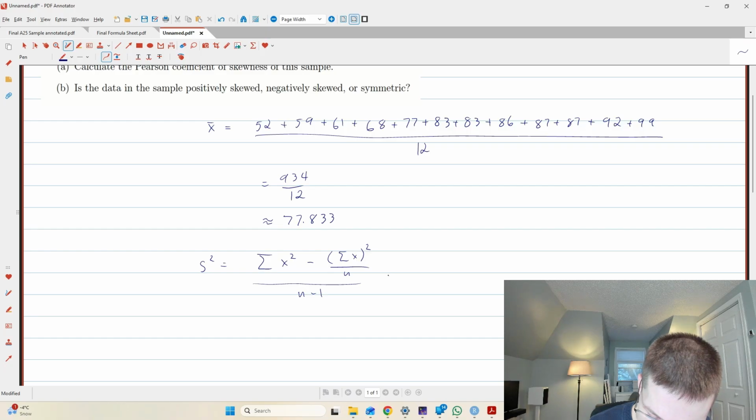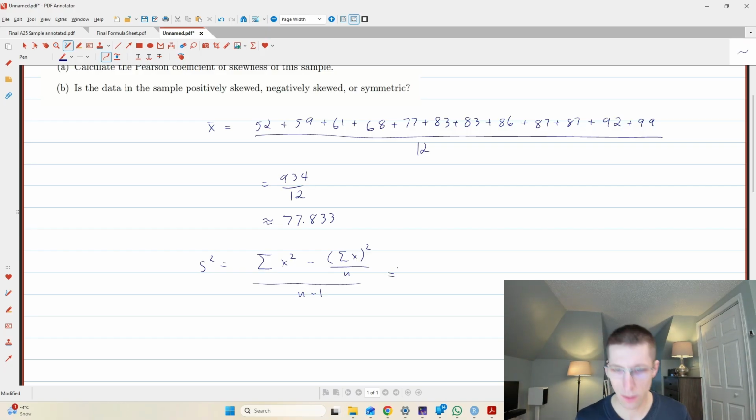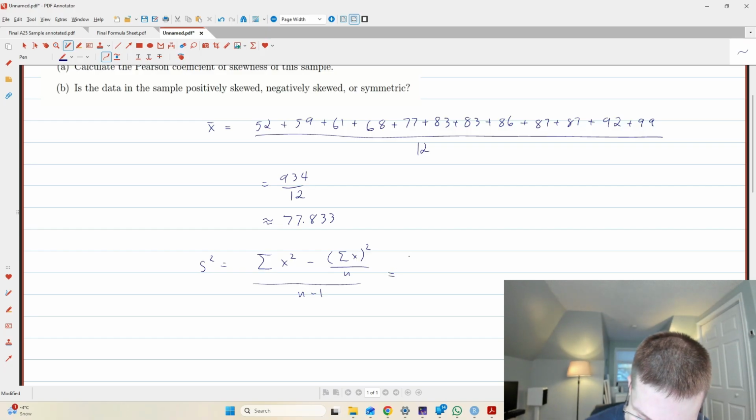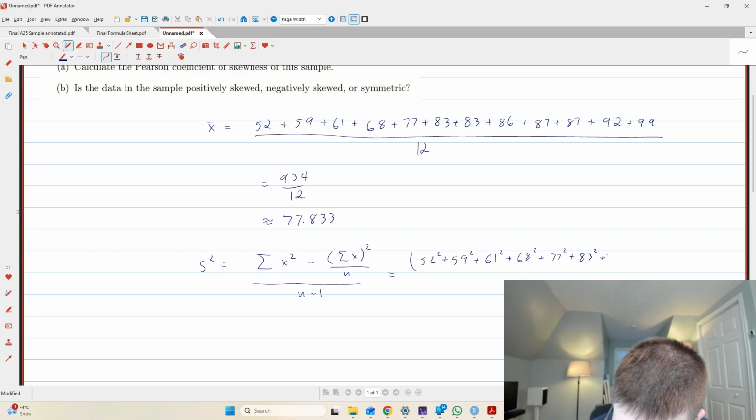So let's do that. So this is going to be a pain, but okay. Here we go. So we've got 52 squared plus 59 squared, 61 squared plus 68 squared, 77 squared plus 83 squared plus 83 squared. So really you just do this in your calculator.